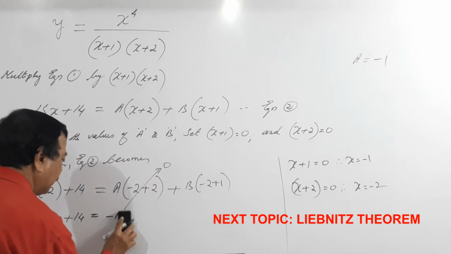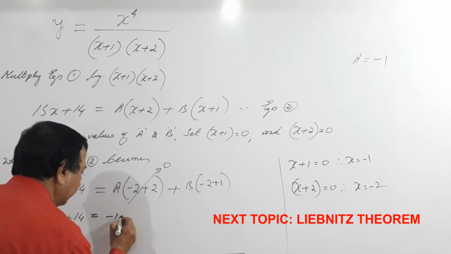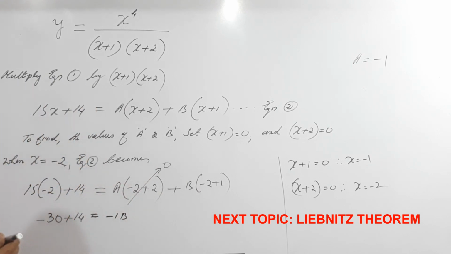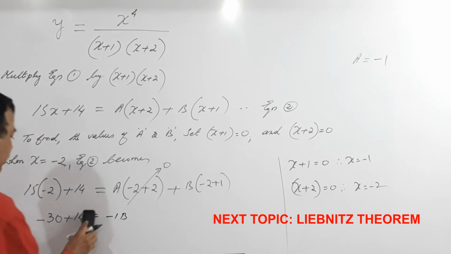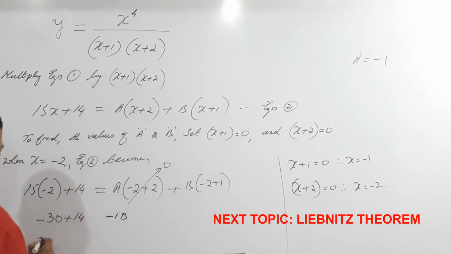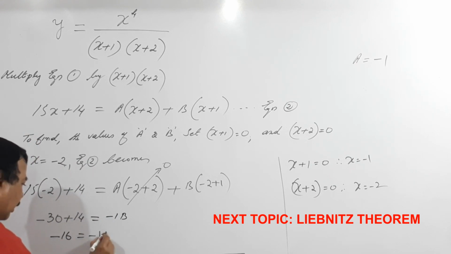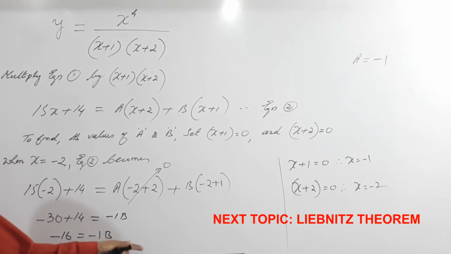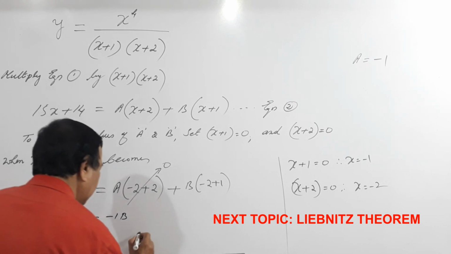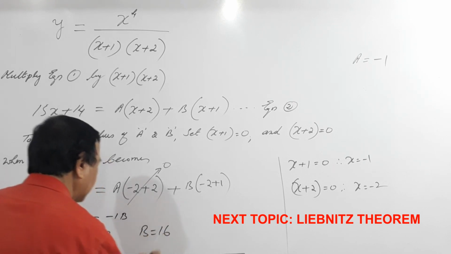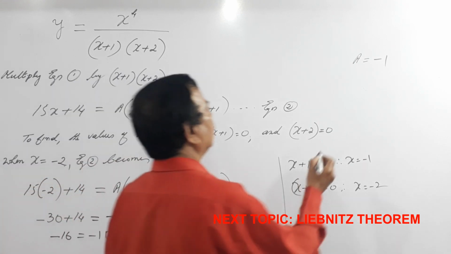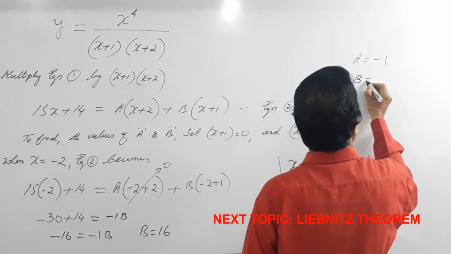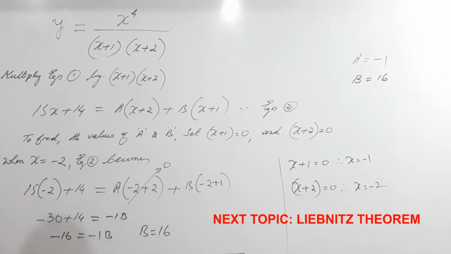I'll write this b properly because tomorrow you should not get confused. Now both sides we have minus, so this is nothing but minus 16 equals minus 1b. Divide both sides by minus, so b equals 16.